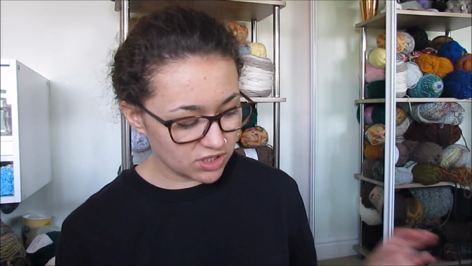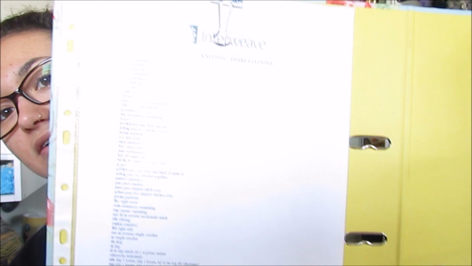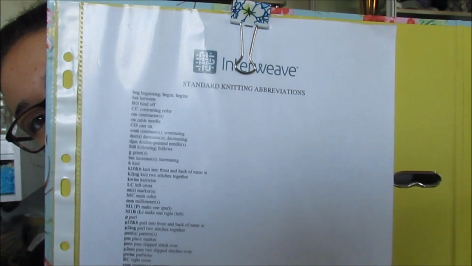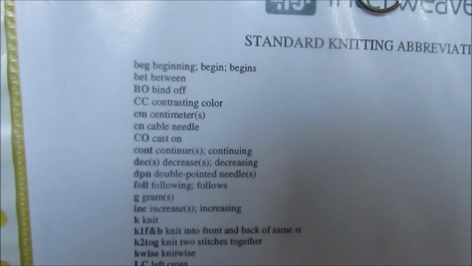So on the first page, I'll just quickly show you what I've done to make it easier for me. Everyone's different, so it really just depends on the person. But if I can get this folder up without everything falling out, I've got a page here with all the abbreviations of knitting. I don't know if you'll be able to read that, but it basically has all of the abbreviations.